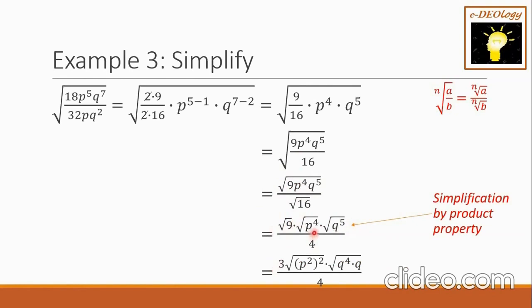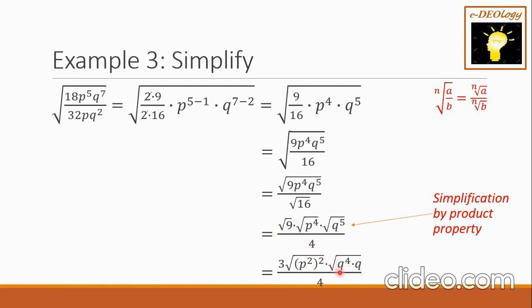This value p raised to 4 can be represented by p squared and again squared. This q raised to 5 now can be factored out into q raised to 4 times q. So we put here q raised to 4 because our index is 2.